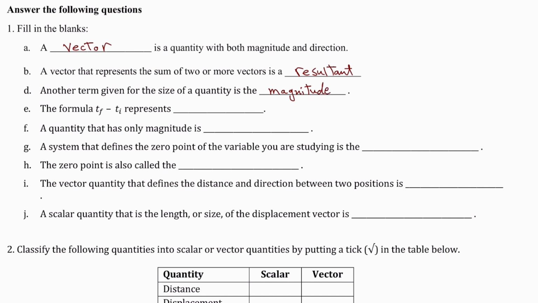E. The formula Tf minus Ti, which is final time minus initial time, represents time interval. Or we can say delta T, which is the change in time, the difference between the final and the initial. F. A quantity that has only magnitude is scalar.